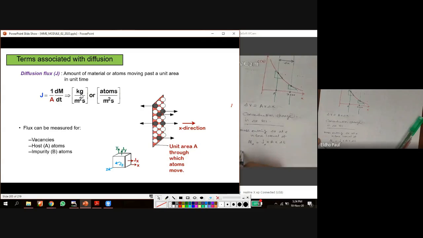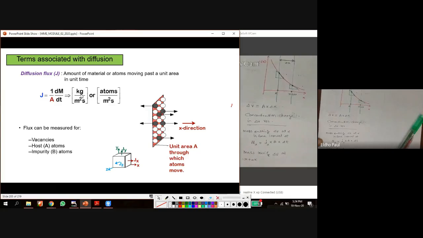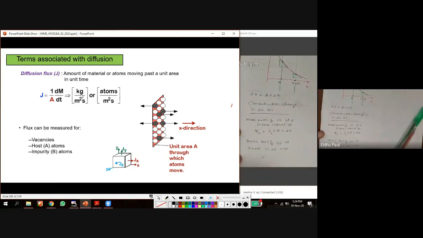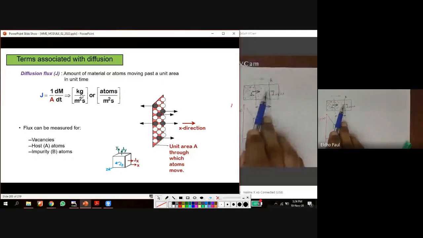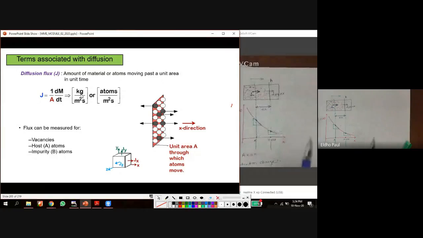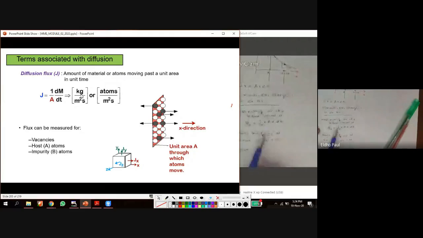Then the mass of particles leaving delta V at x plus delta x in delta T time, we can give Mx plus delta x, equal to how much mass is crossing this junction for a time of delta T. We can use the same equation.